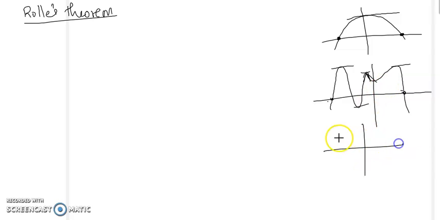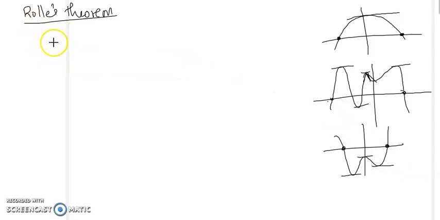And similarly if you have a graph like this, here it is intersecting at 2 points, and here you have a horizontal tangent line at these 3 points. So that is the geometrical meaning of Rolle's theorem. So we will state that theorem and then we will see how to prove the result.